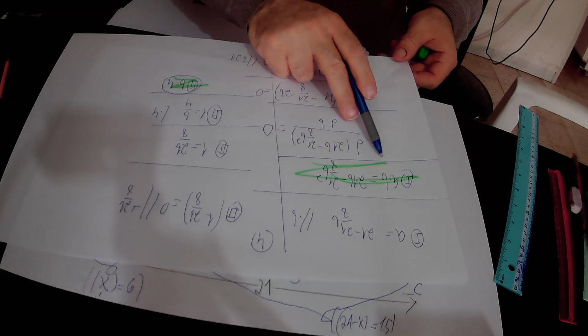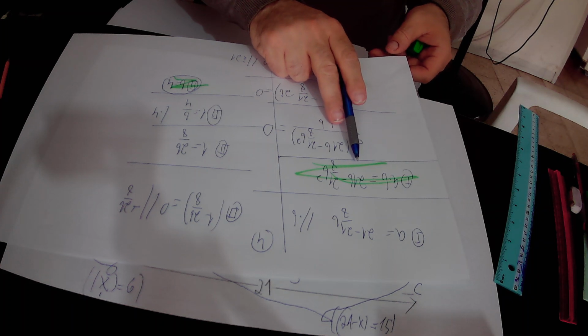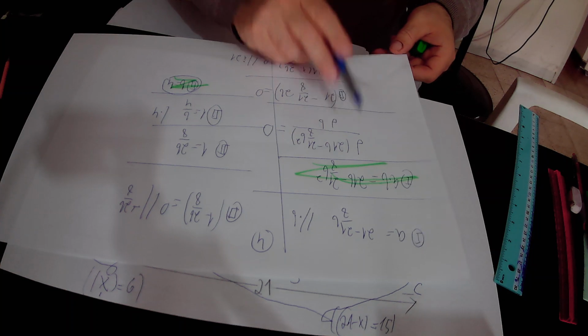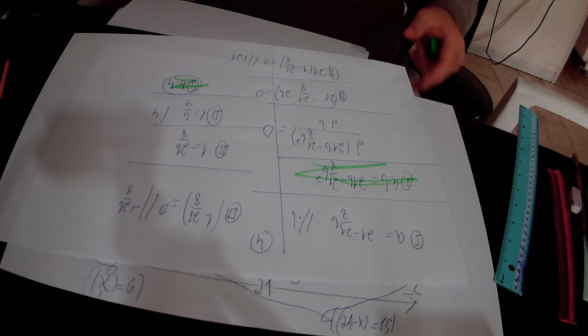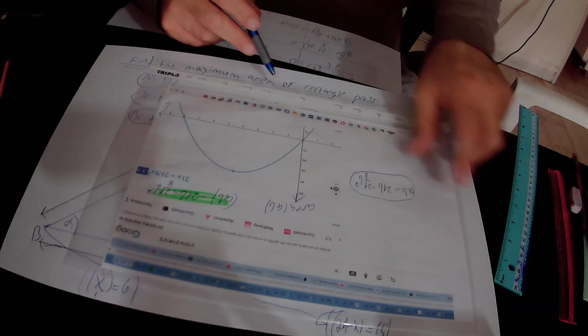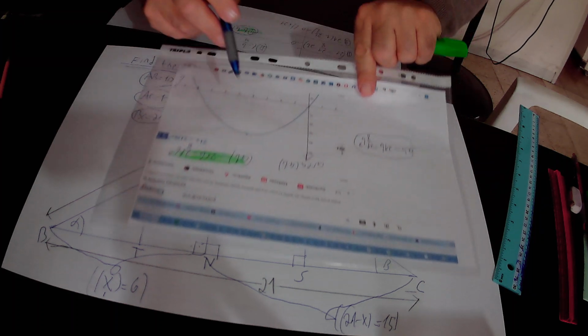I draw the function A of b, this is the area, which is equal to 21b minus 21 over 8 times b squared.